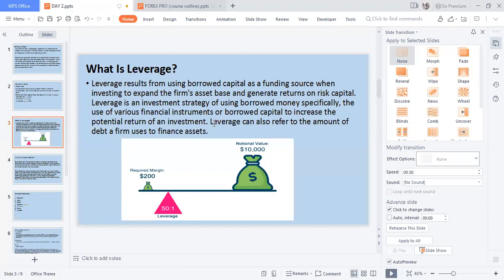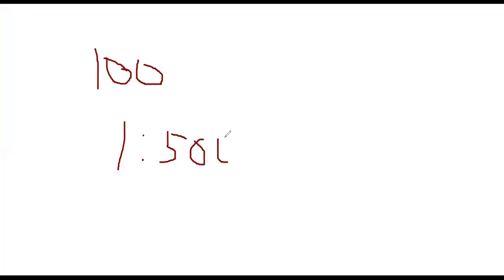What that means is, if I have $100, then I can say I can use the leverage of 1 to 500. So 100 times 500, that is $50,000.